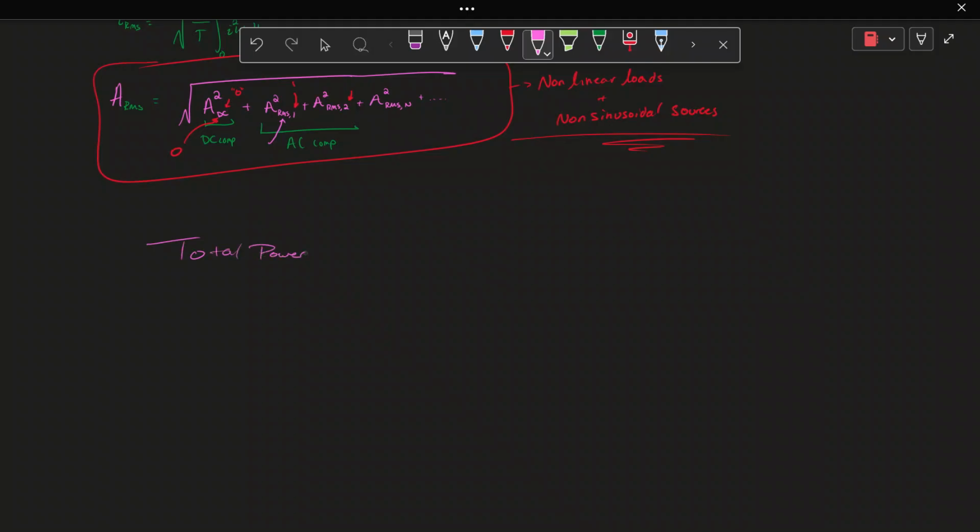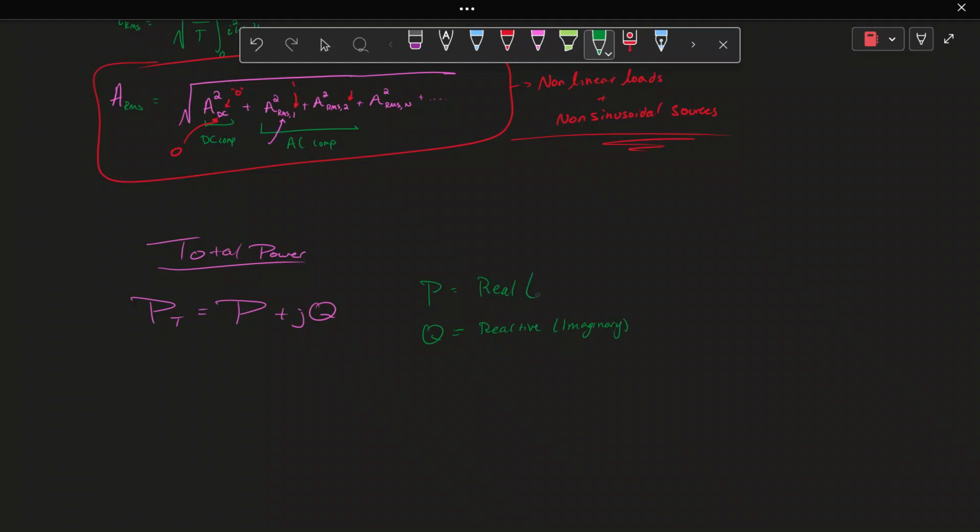So what is total power? Well, it's defined as the average power, or the real part, P, plus the imaginary part, jQ, or j times the reactive power. So P is real power and Q is reactive or imaginary.